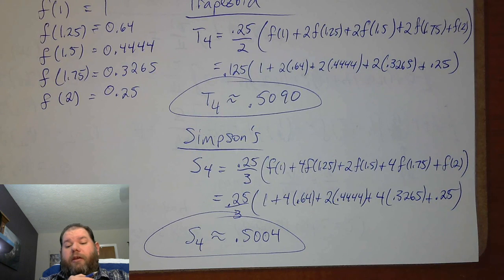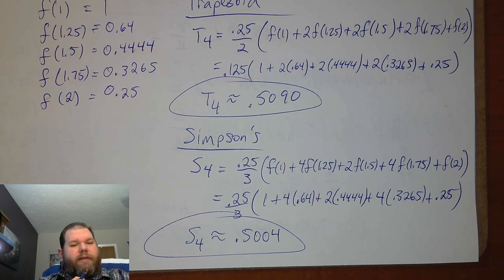calculations go. On your exam, and I'll talk about this a little bit more when we review, you can expect a similar problem to this, where I have you find the Trapezoid Rule and the Simpson's Rule for the same definite integral with n equals 4, as we demonstrated here, and I'll give you an actual value that you can compare your answers to.